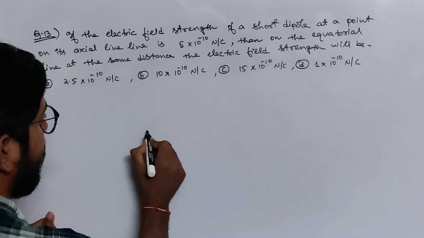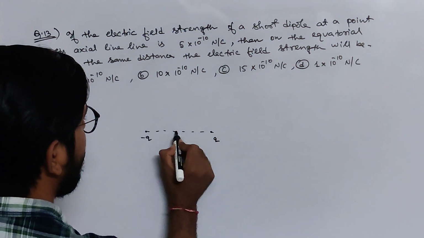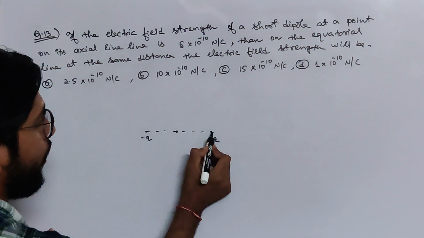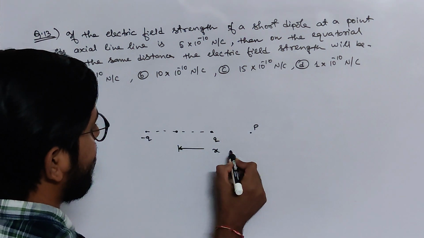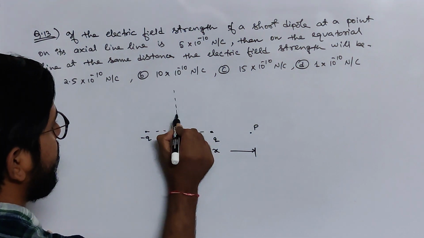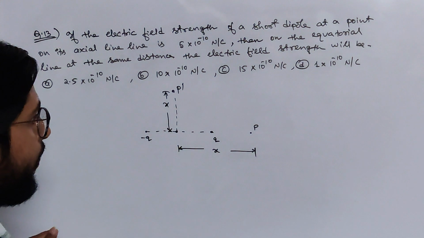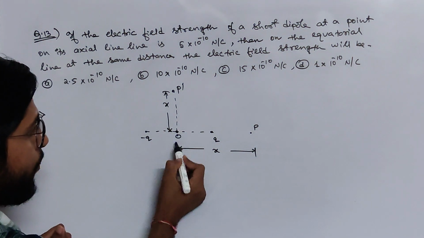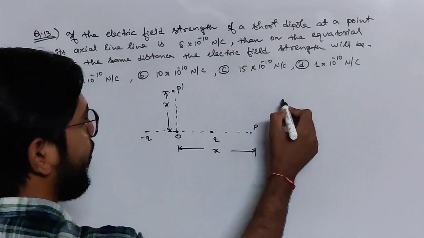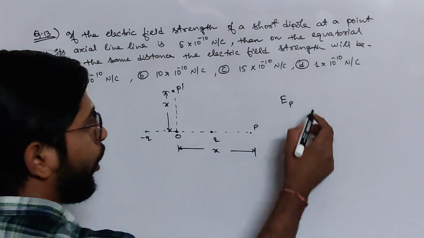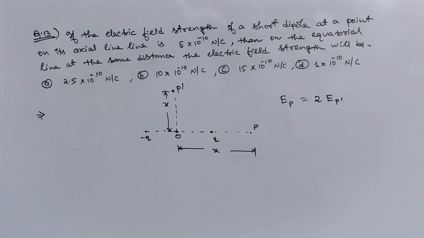I mean to say, if this is my dipole, minus q, plus q, and this is the center O, and a point P is at some distance x, and another point P dash is at the same distance x from the midpoint O, then the electric field at position P will be just twice the electric field at position P dash. This is what I mean to say.